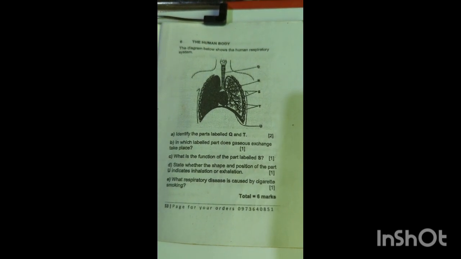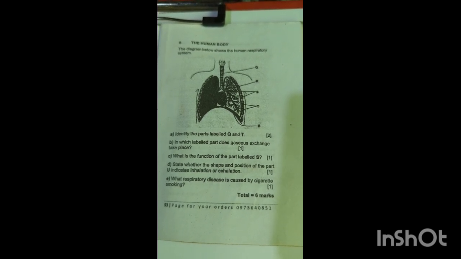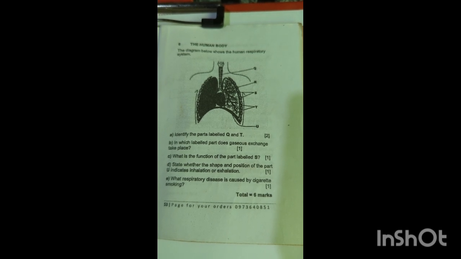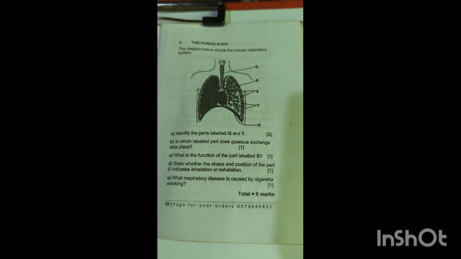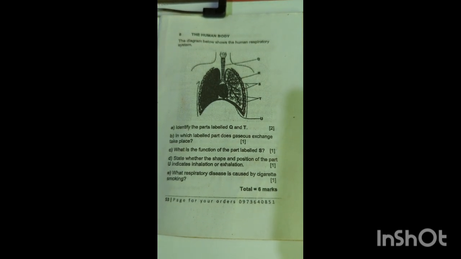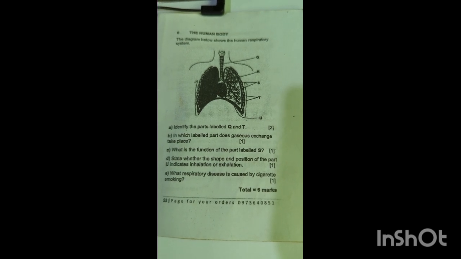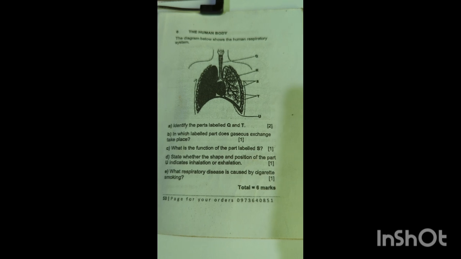We move on to question D. State whether the shape and position of the part U, which is the diaphragm, indicates inhalation or exhalation. Inhalation is simply breathing in, and exhalation is breathing out. Does the shape of the diaphragm indicate that this person is breathing in or out?